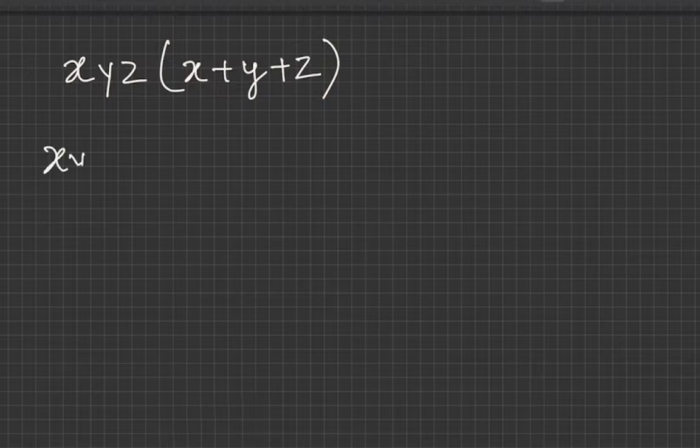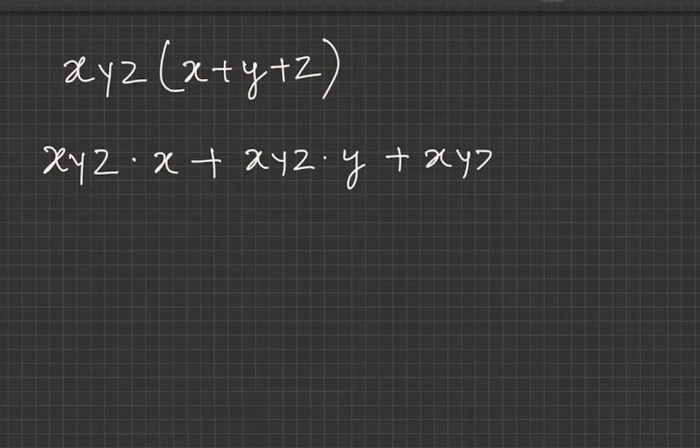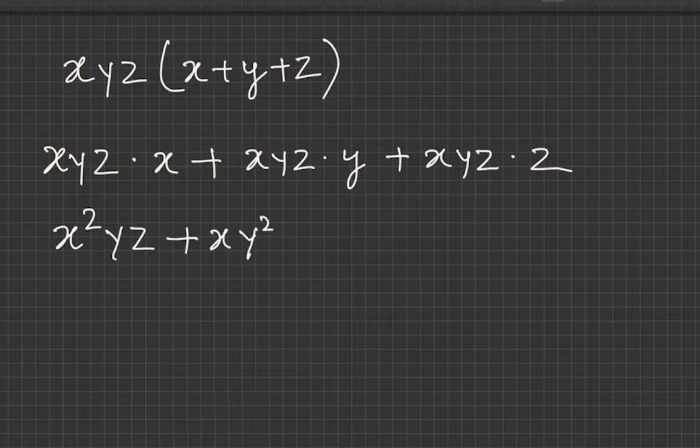So xyz times x plus xyz times y plus xyz times z. So it will be x squared yz plus xy squared z plus xyz squared. Got it?